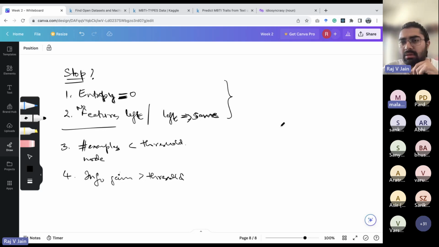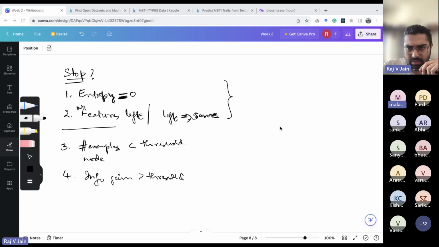I have seen only the tree, with the values of samples, input and entropy value, in which the value of entropy is 1.54, and when they come down, the 1.54 is reduced to point something.